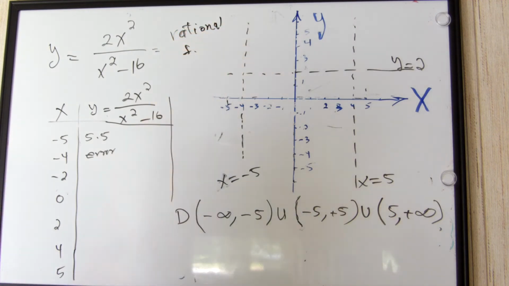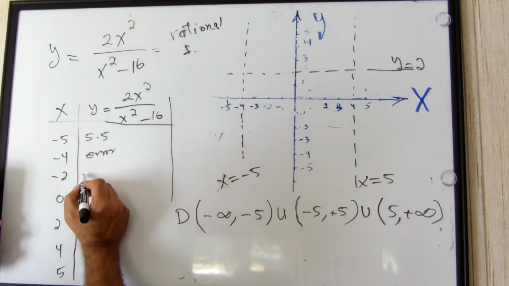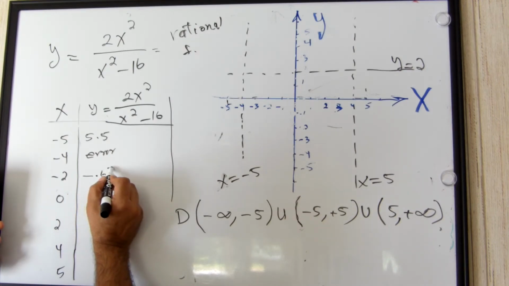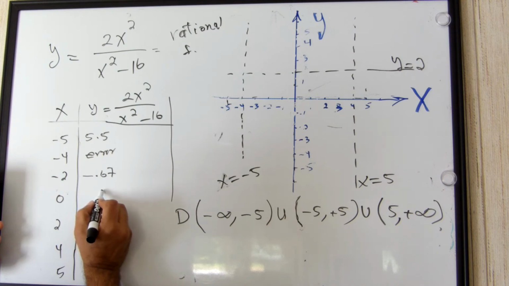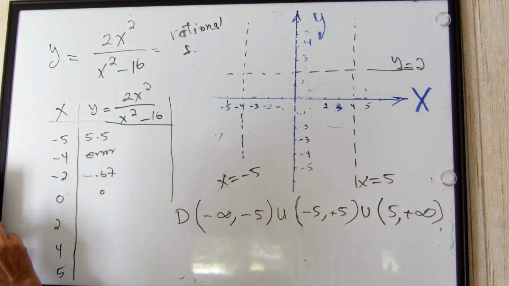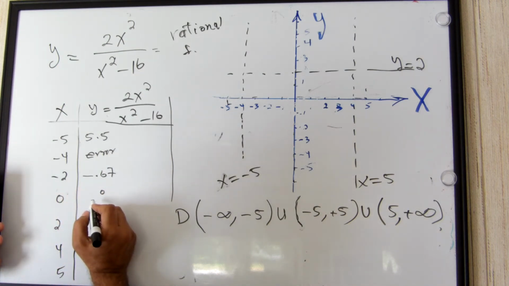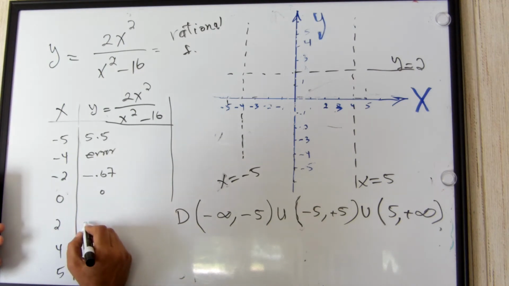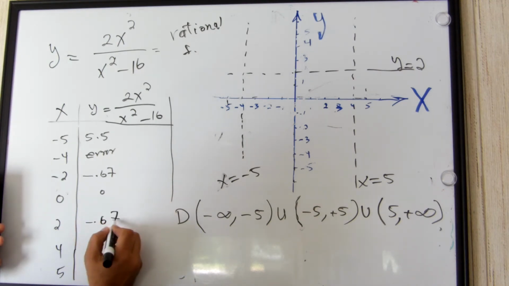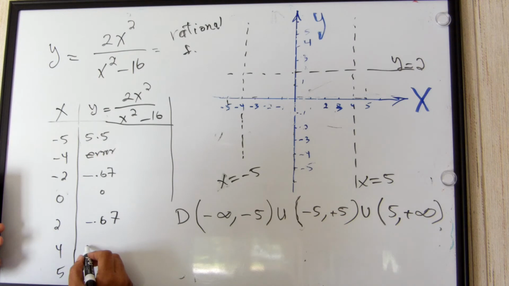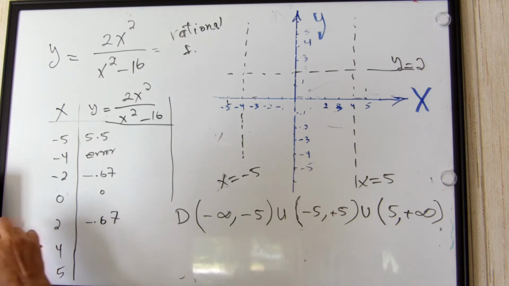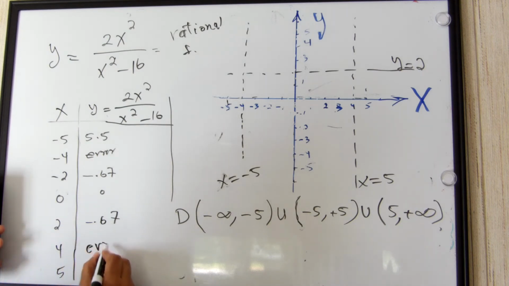Okay, so minus 2 is going to be minus 0.67, and 0 is going to be 0, 1 is going to be, 2 is going to be minus 0.67, and 4 is going to be an error, and 5 is going to be 5.55.